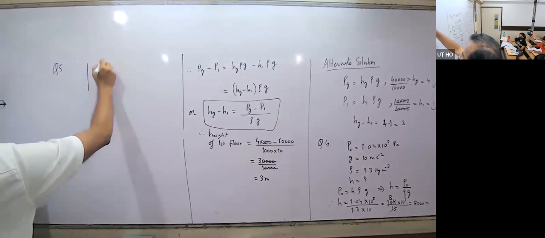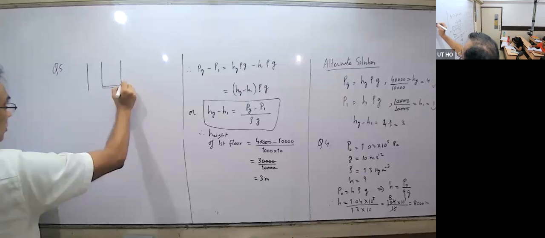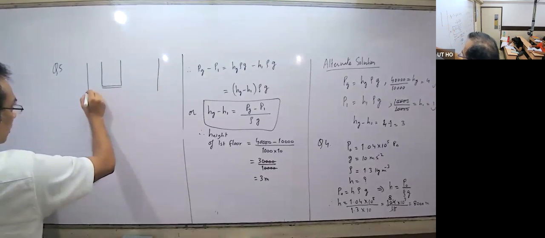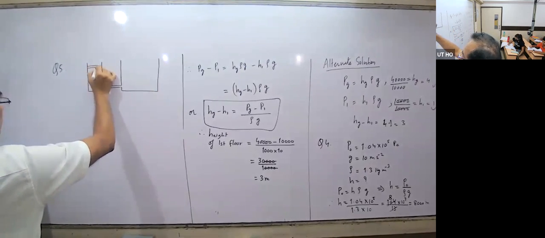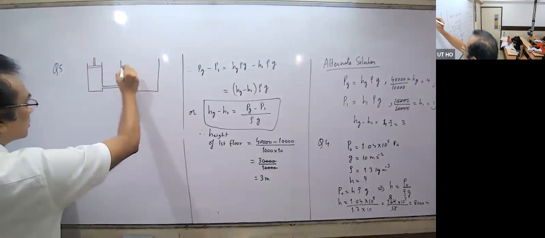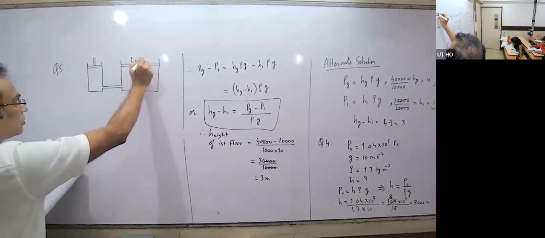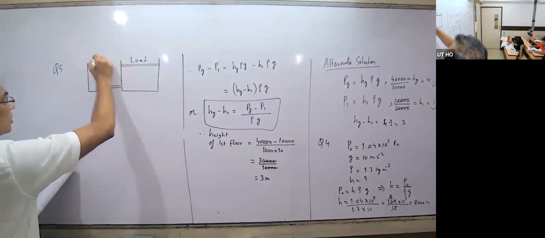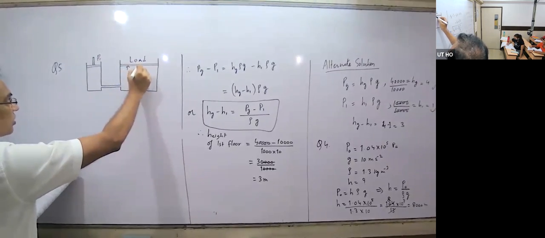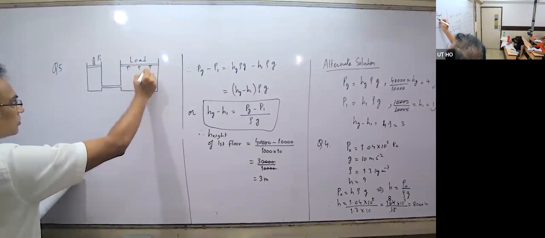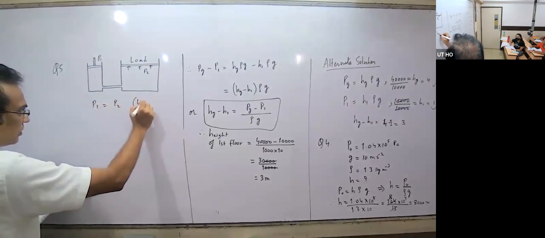A hydraulic machine is a cylinder piston arrangement where one cylinder is of small cross sectional area, and the other one is of bigger cross sectional area, right? So this is how it is. The load is kept here, right? And the pressure is applied here, P1. And the same pressure, let's say here the pressure applied is P2. So we get P1 is equal to P2 by Pascal's law, right?